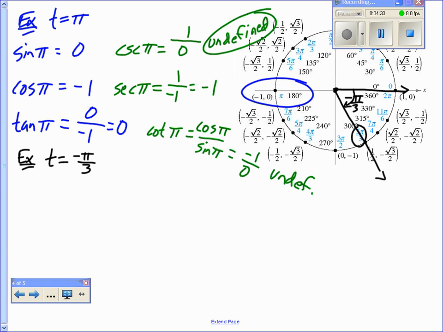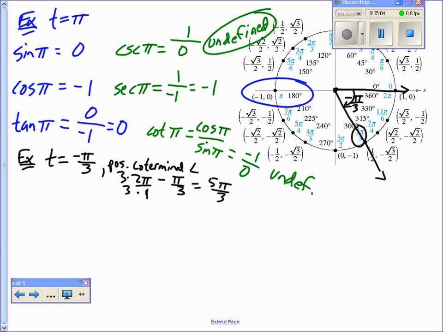So what you want to do is find the positive coterminal angle. That's where coterminal angles come in. The positive coterminal angle would be 2 pi minus pi thirds. It's all but pi thirds of a rotation. So 6 pi thirds minus pi thirds is 5 pi thirds.